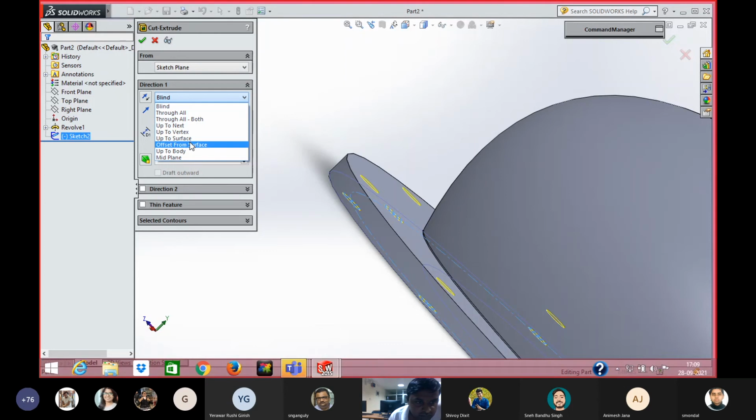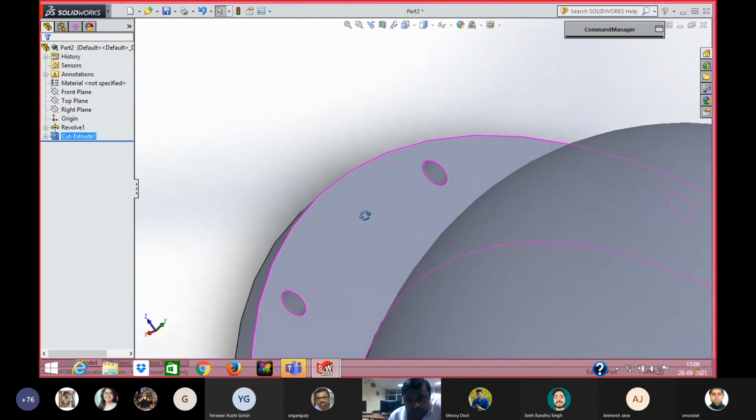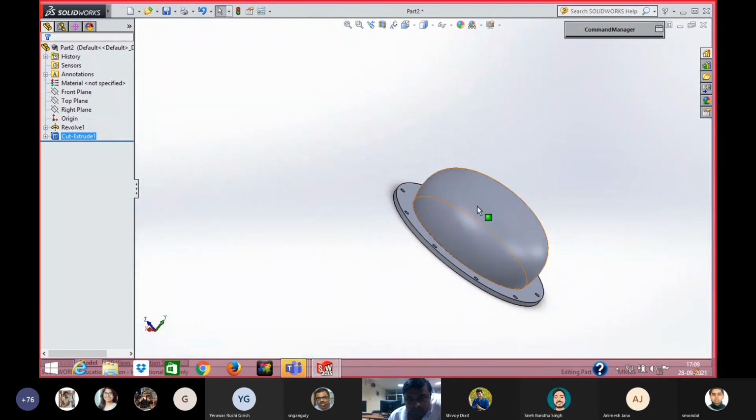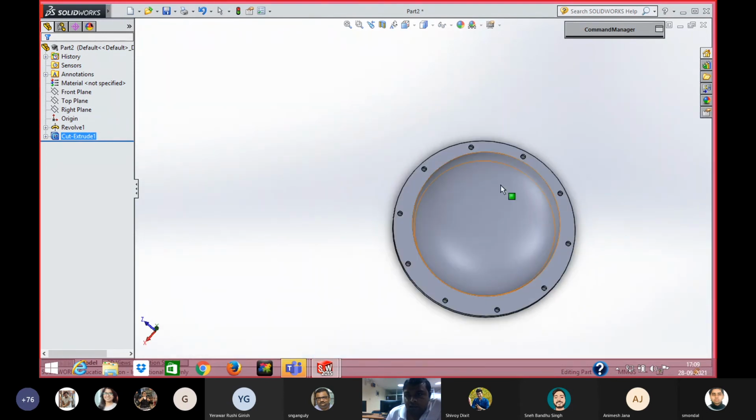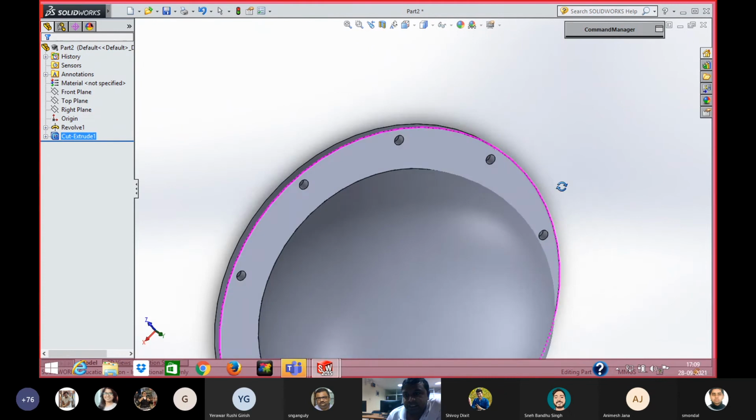You can change offset from the surface up to the body, mid plane up to the next, or through all. Blind we can take. See, the hole has been created.